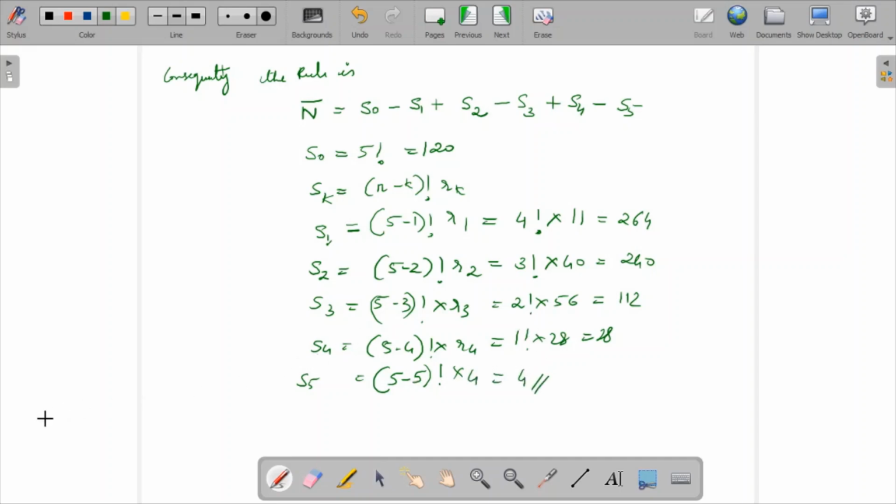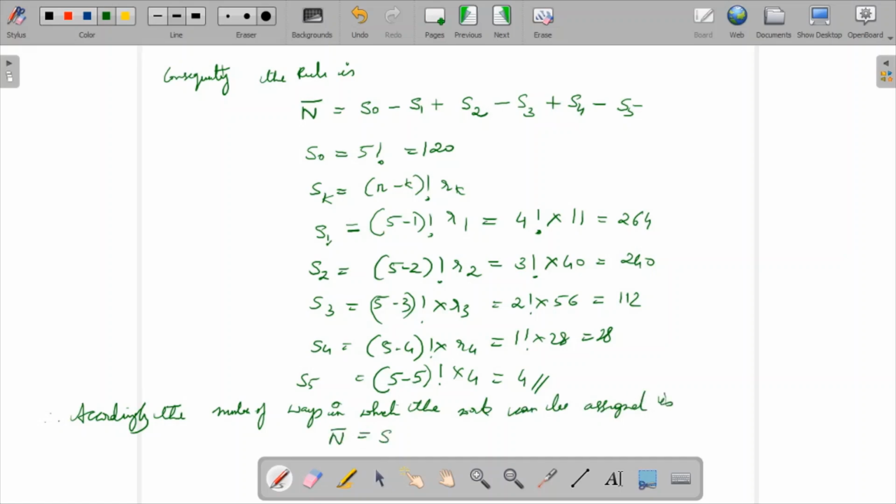Accordingly, the number of ways in which the work can be assigned is this n bar, equal to S0 minus S1 plus S2 minus S3 plus S4 minus S5.